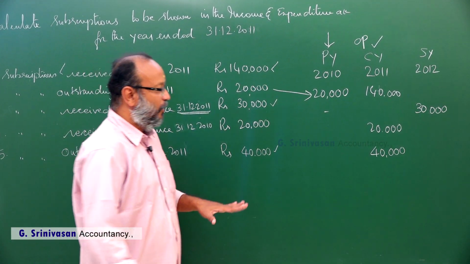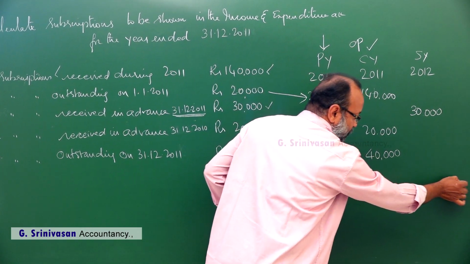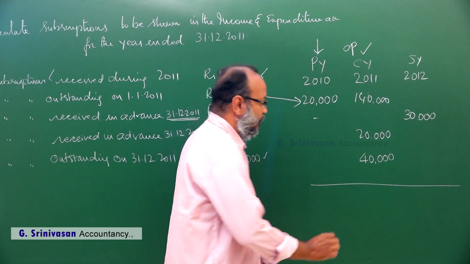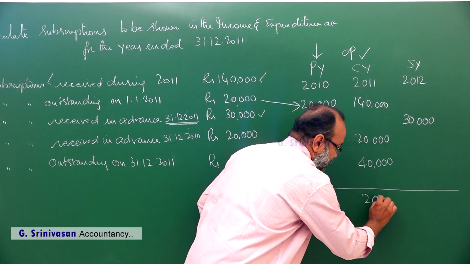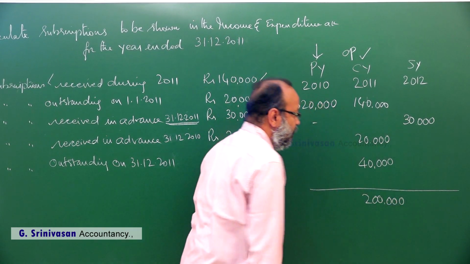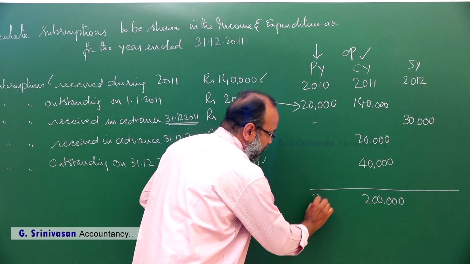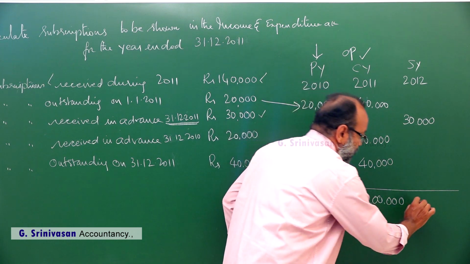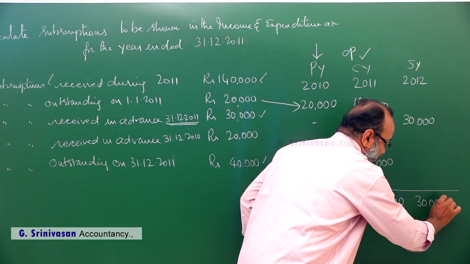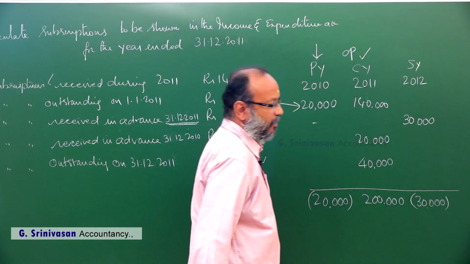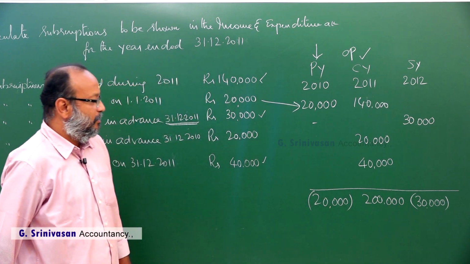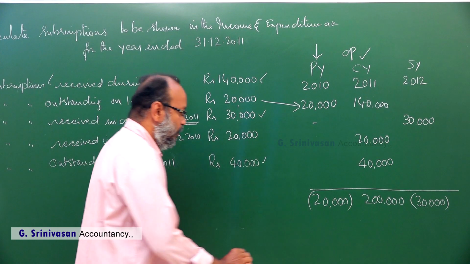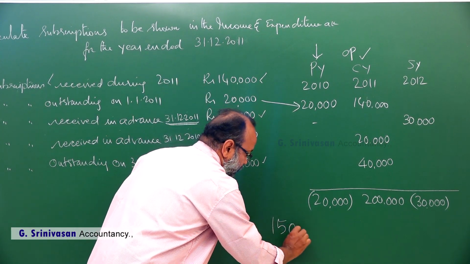Right? Now, how to calculate the amount to be credited in income and expenditure account? Total this one up, we will get 2 lakh. Out of that, 20,000 you deduct, and this 30,000 also you deduct, and we will be getting 2 lakh minus 20,000 minus 30,000 will be 1 lakh and 50,000.